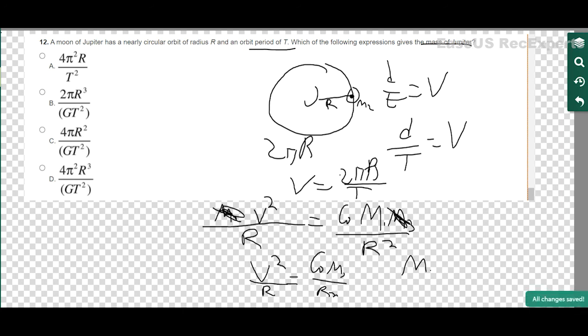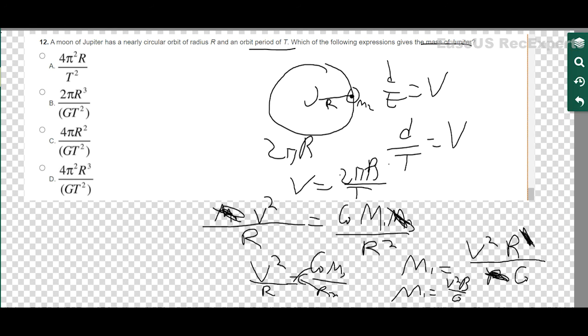So we'll have m1, and now we can multiply this to the numerator and then divide by G. So we will have v squared times r squared over r times G. Now we can cancel this exponent out, so m1 is going to be equal to v squared r over G.